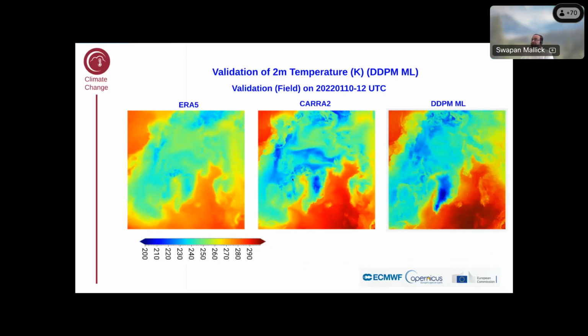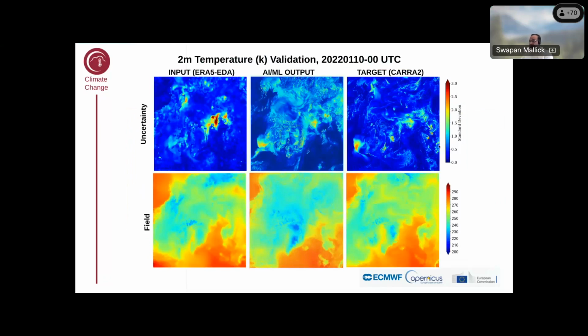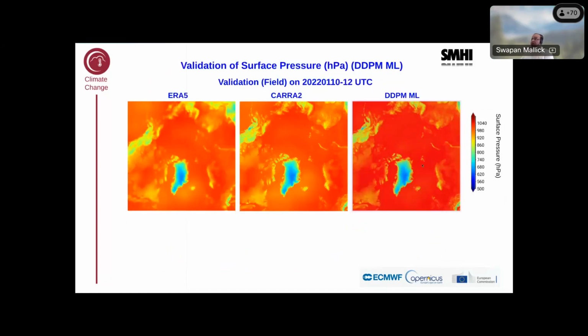And this is for a specific time for 2-meter temperature validation. Here ERA5 is the input, and CARRA2 we use for comparison, and the generative model output is this figure. And this is another example for surface pressure.